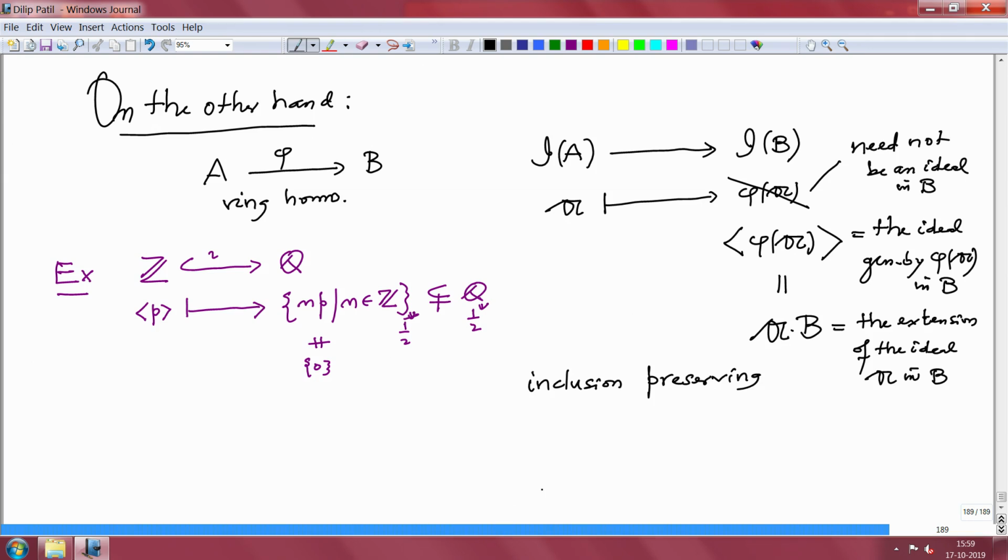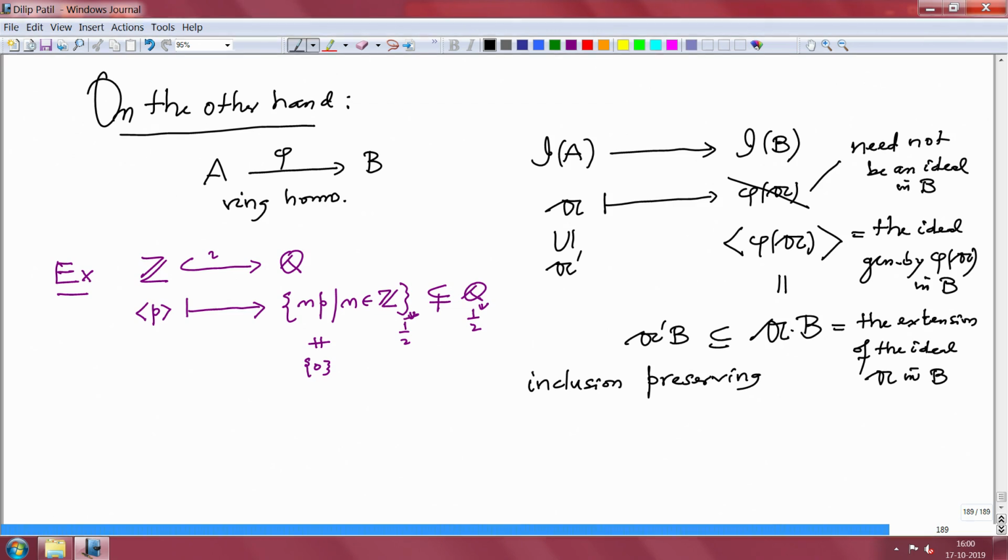That means, if A contains A prime, then A prime B is contained in this. This is obvious. Alright. So, we have defined these two maps.